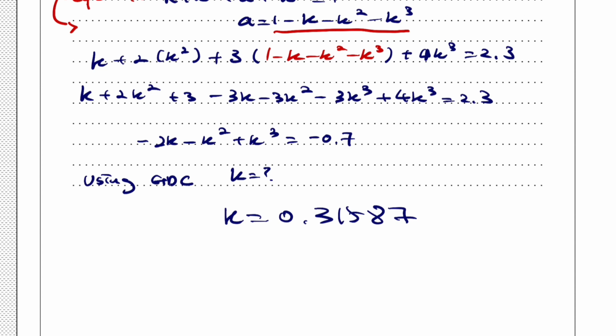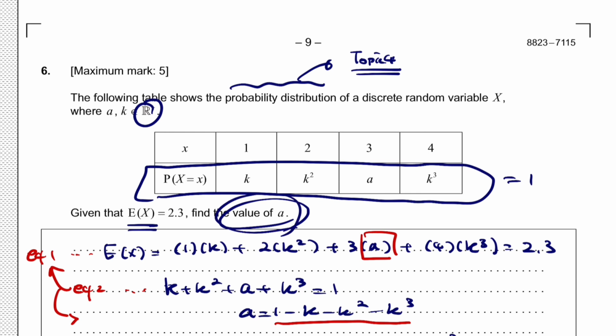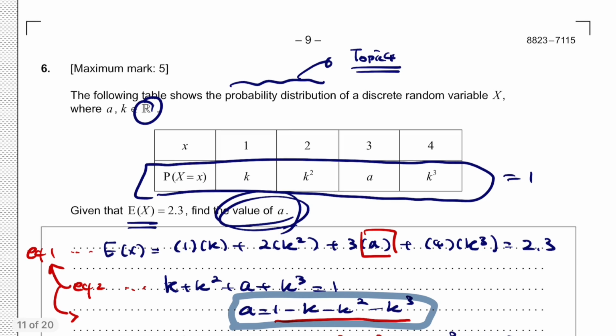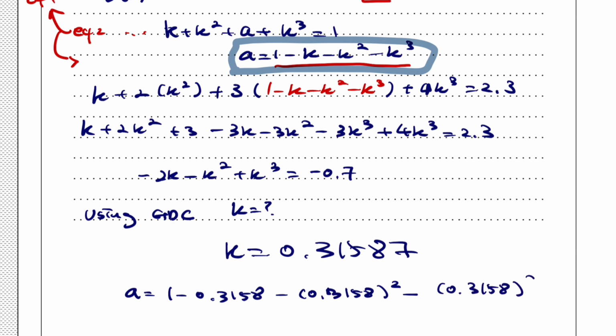Now let's find the a value that this question has asked for. We know that a is equal to 1 minus k minus k squared minus k cubed. Using this equation, a equals 1 minus 0.3158 minus 0.3158 squared minus 0.3158 cubed.